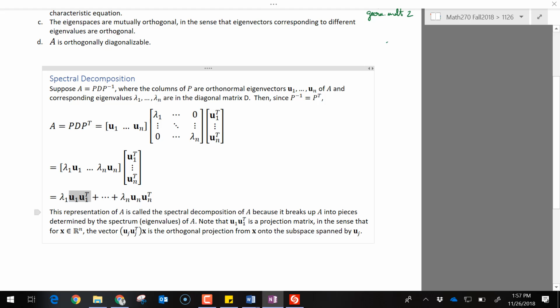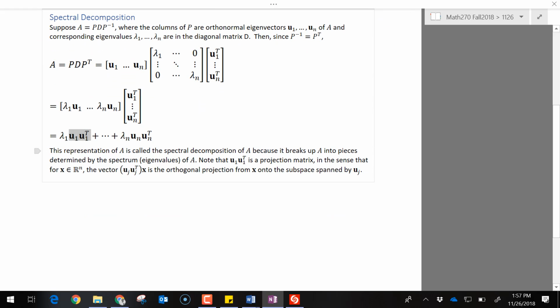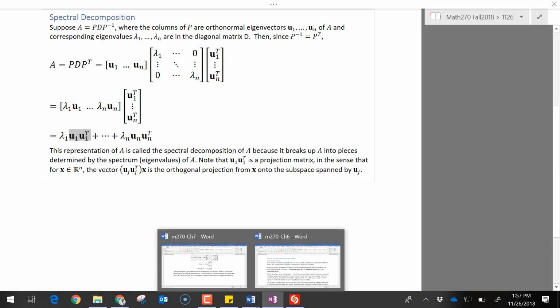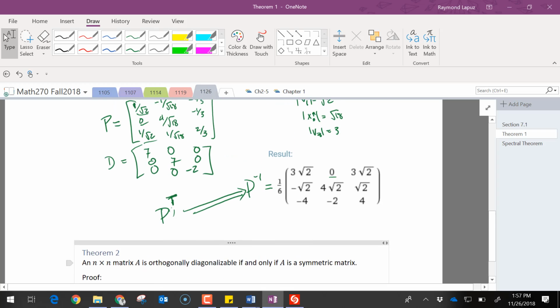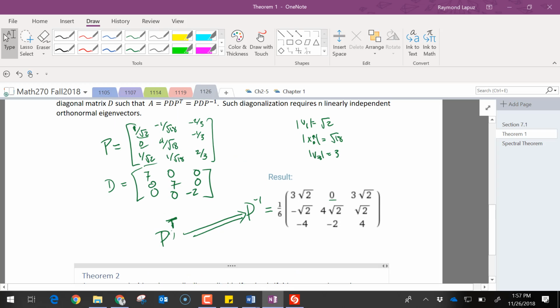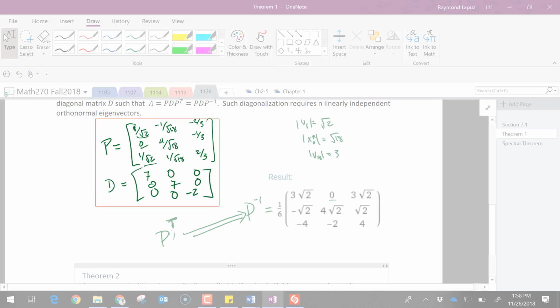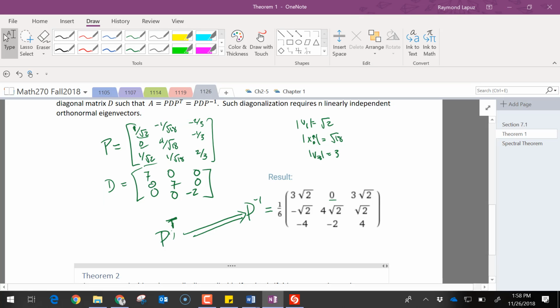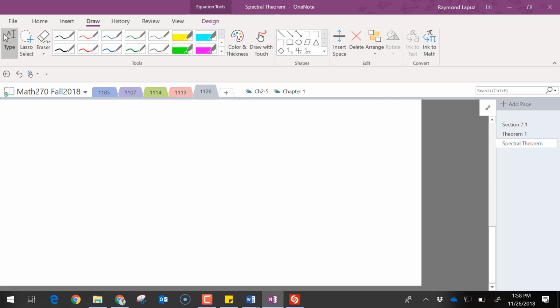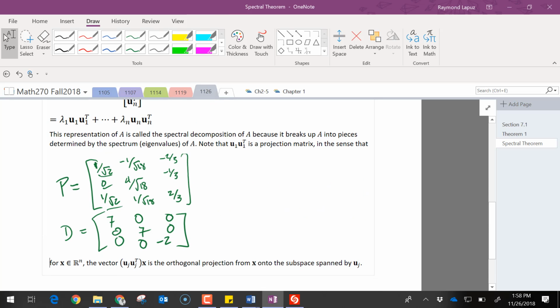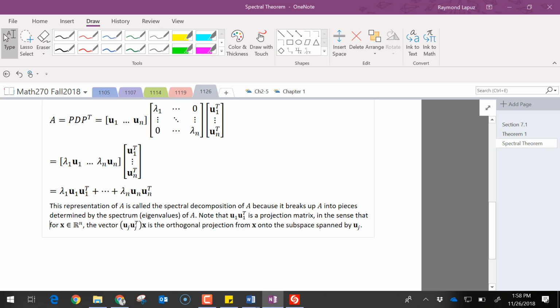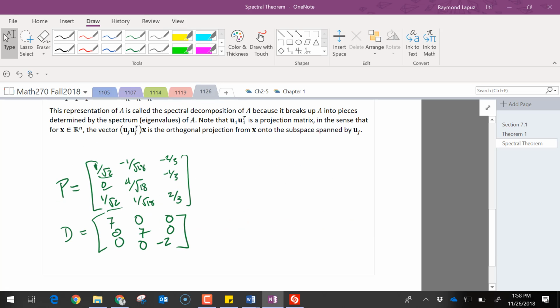So let's take a look at that same example that we've been dealing with. Do you remember what it was? Let me copy this part down. All right.